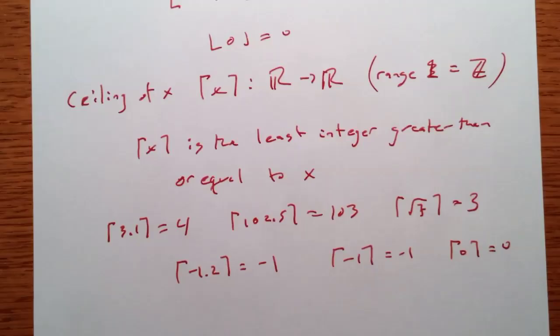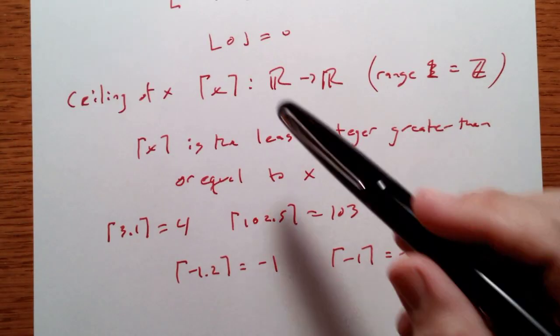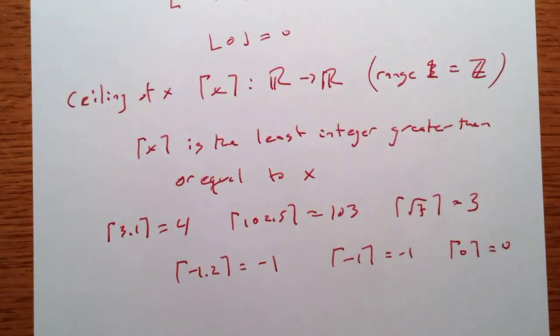I really, really like these functions. They are in most programming libraries as floor and ceiling. I believe in C, it's floor of x and ceiling of x. Which programming language was it? This is how old it is. I have not written a program since they were written in Pascal.